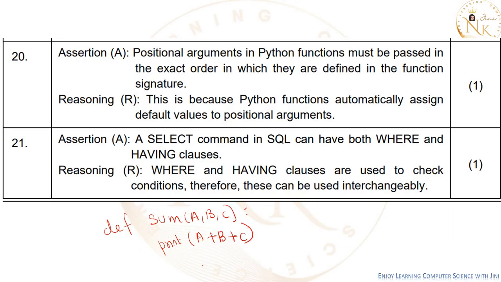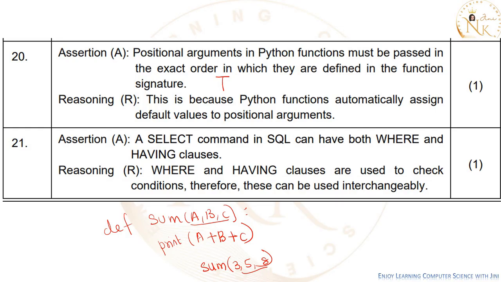Now if I am calling the function, I have to call with 3, 5, 8. There are 3 parameters, so I have to give 3 arguments, correct? The value of a will be the first value, the value of the parameter b is 5, and the value of the parameter c is the third one, which is 8. So the first statement, assertion, is true.